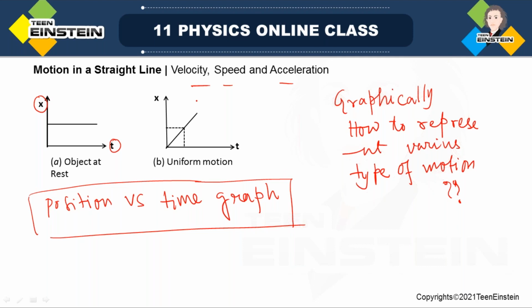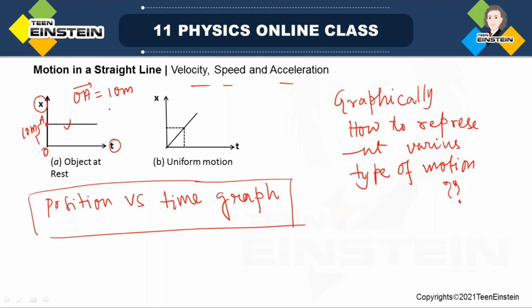But we had already learned what is position, displacement, etc. So in the position and time curve, if the graph here is parallel to the time axis, this is the line which is parallel to the time axis. That means suppose this is the origin, and this is some 10 meter, so OA is 10 meter.